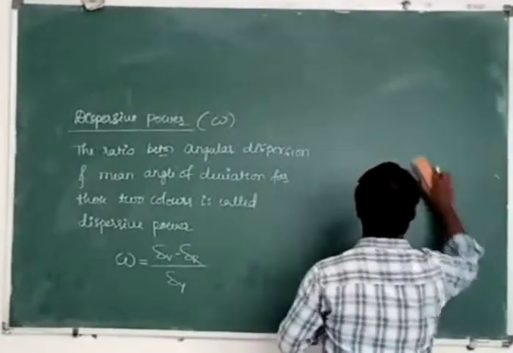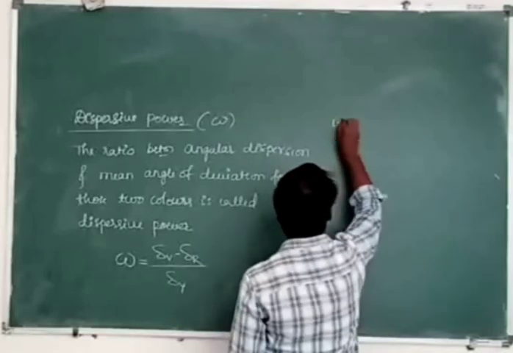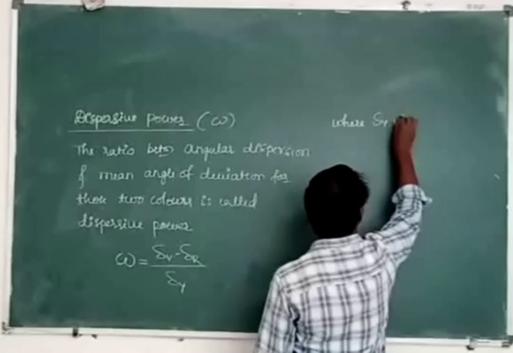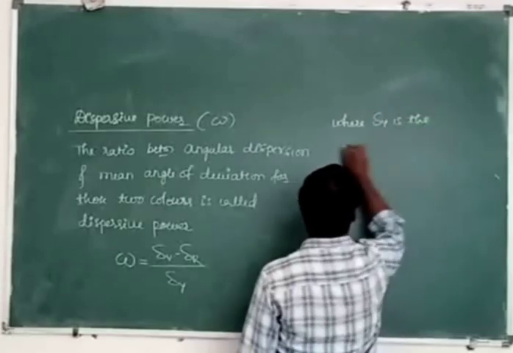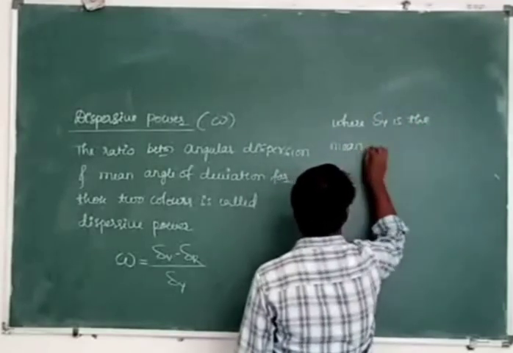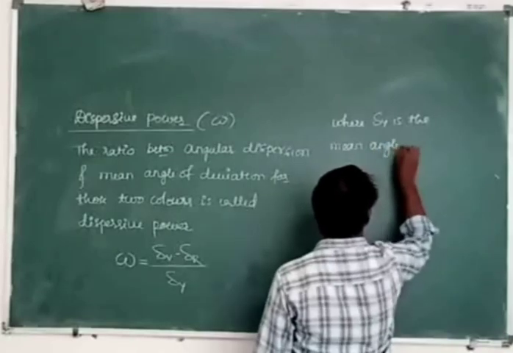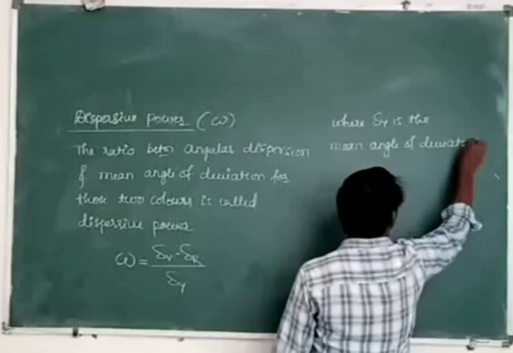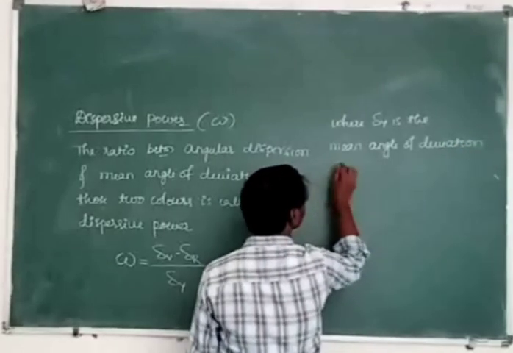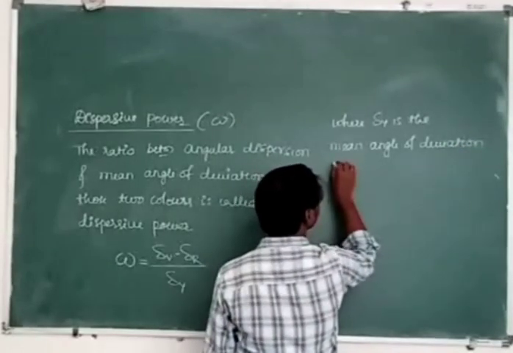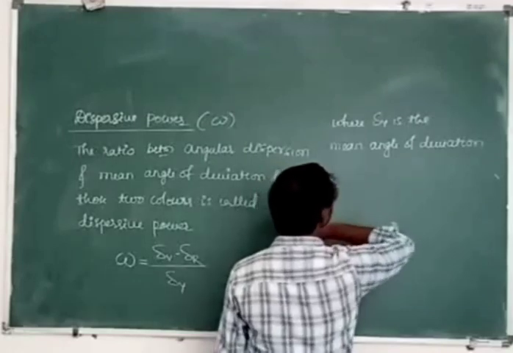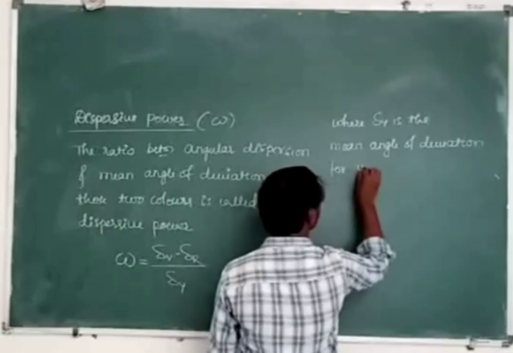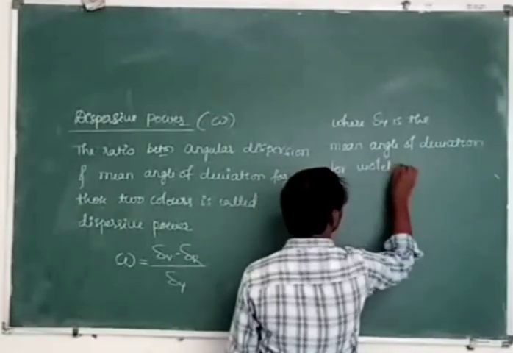Where delta y is the mean angle of deviation for violet and red colors.